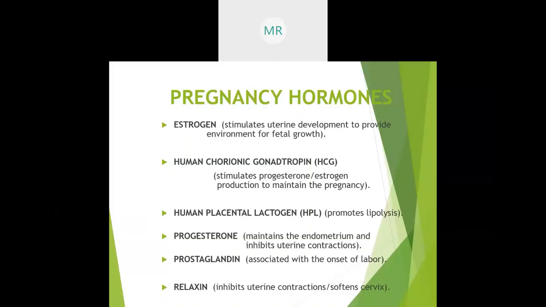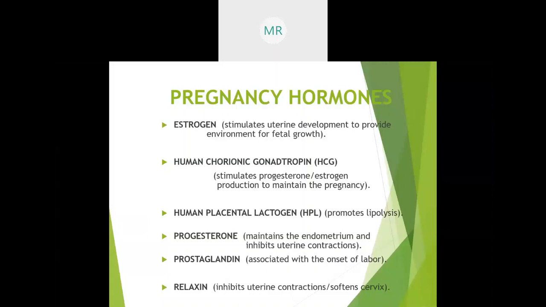The exact cause of pregnancy-induced hypertension, why hypertension happens during pregnancy, is unknown, but one of the many causes is that if a patient has low levels of prostaglandins, then it might contribute to getting hypertension during pregnancy.